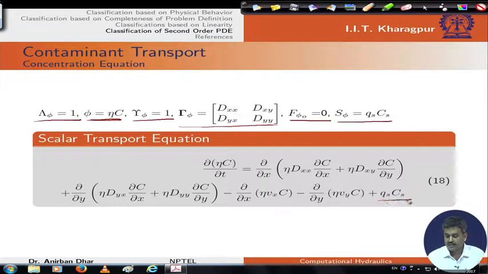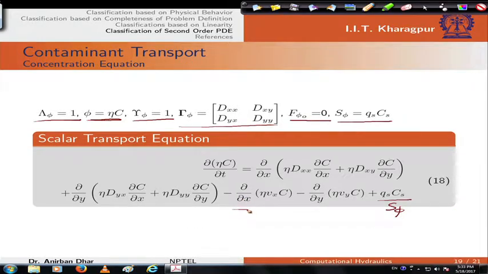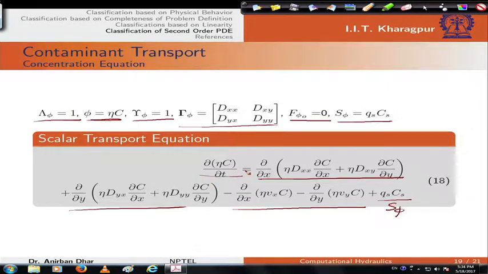This is actually the sourcing term, this is our advection term, these two are related to the diffusion term, and this one is the temporal term. So, obviously we can get the concentration equation from our generalized equation.